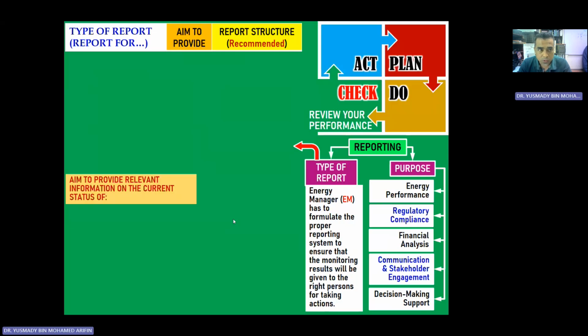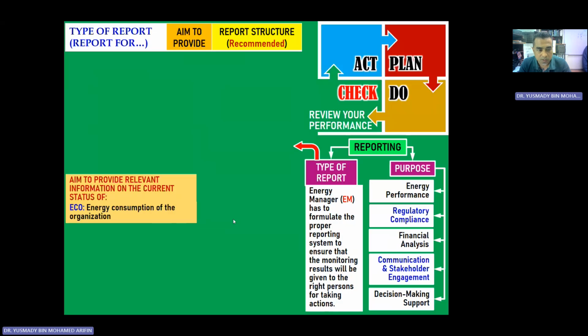Under aim to provide by the report, I will of course simplify the phrases into symbols in order to simplify the table.